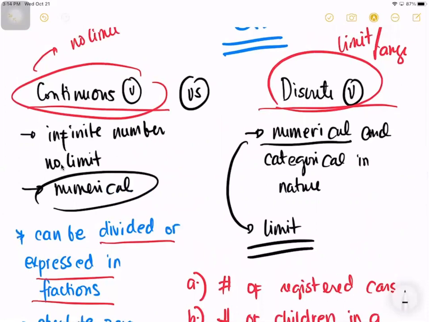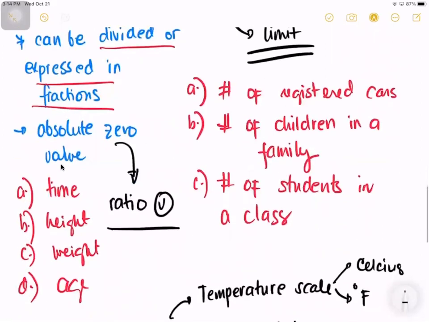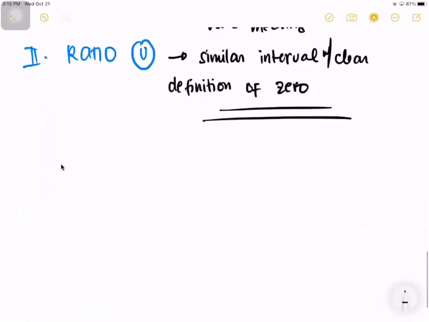We said that a discrete variable has certain limits, where we define the range in which the values can be set, and it can be both numerical and categorical. We already gave examples of numerical discrete variables: number of registered cars, children in the family, number of students in a class. So now let's talk about the discrete categorical variable.